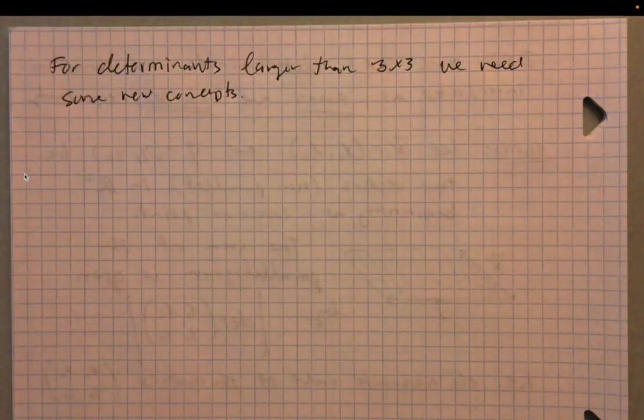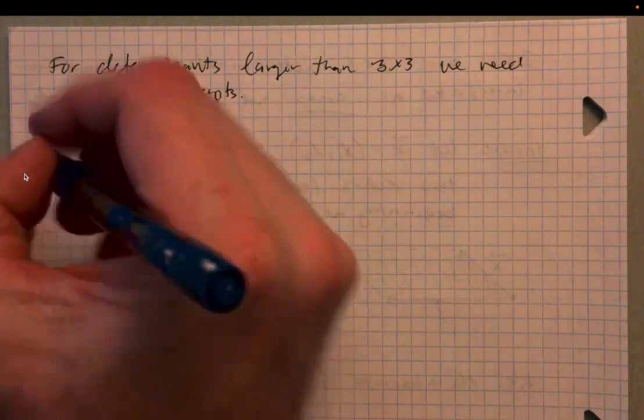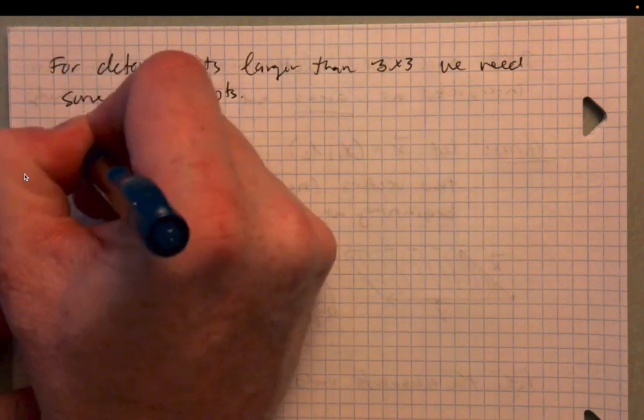Basically what we're going to need to define are two ideas. The first thing being the submatrix idea, and then the second item being what's called the minor, or the cofactor. Okay, so we'll start with the submatrix idea here.